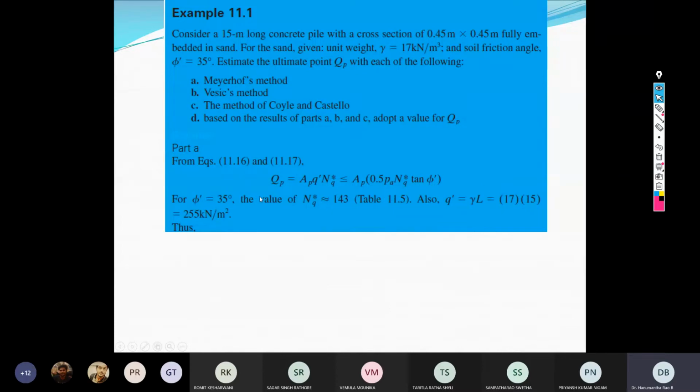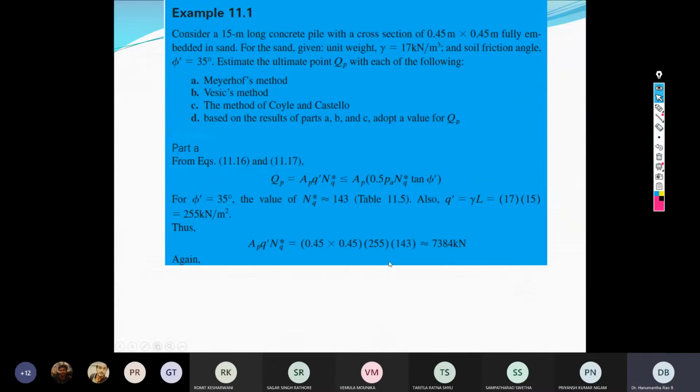From the table, for a given phi dash of 35 degrees, the value of Nq star can be picked up as 143, and you need to calculate the overburden pressure q dash, which is nothing but gamma into L. Given gamma is 17 kilonewton per cubic meter and the length of the pile is 15 meter, 17 multiplied by 15 gives 255 kilonewton per square meter.